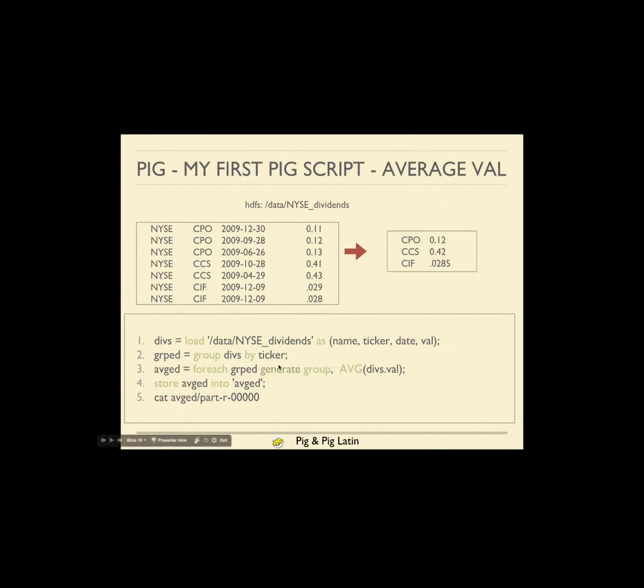That's evidence that nothing much happened at that point. Then when we said average equals foreach, again when we pressed enter, it did not really compute at that point. It just made a note of it. How do I compute AVGED? How do I compute GRPED? And how do I compute DIV?